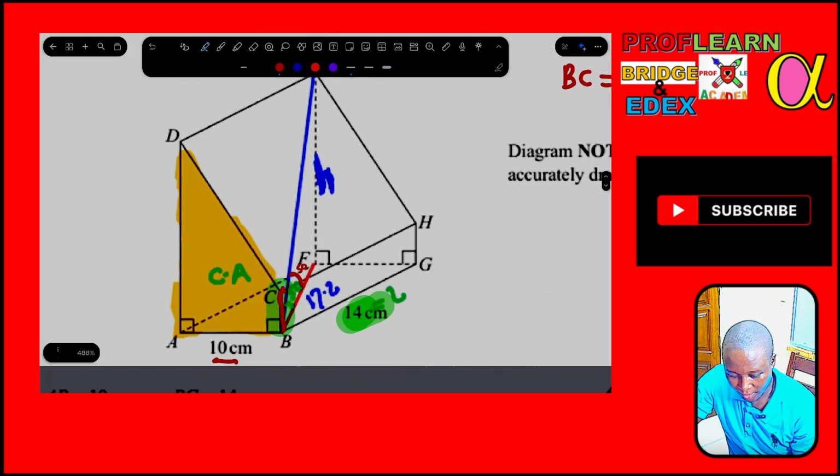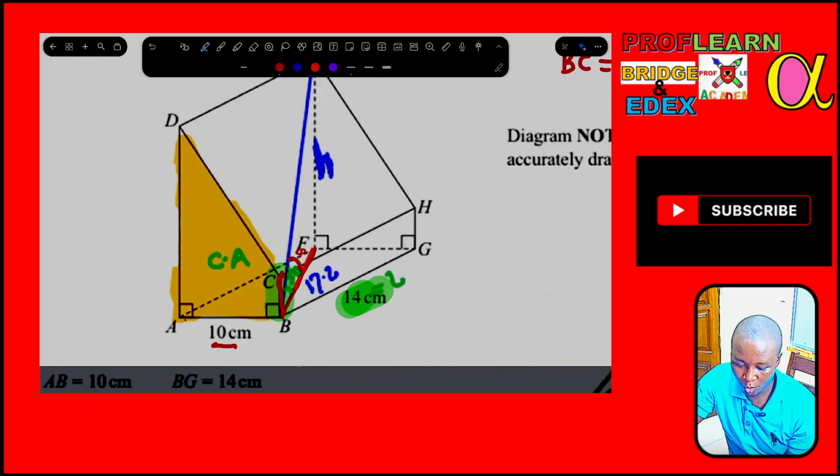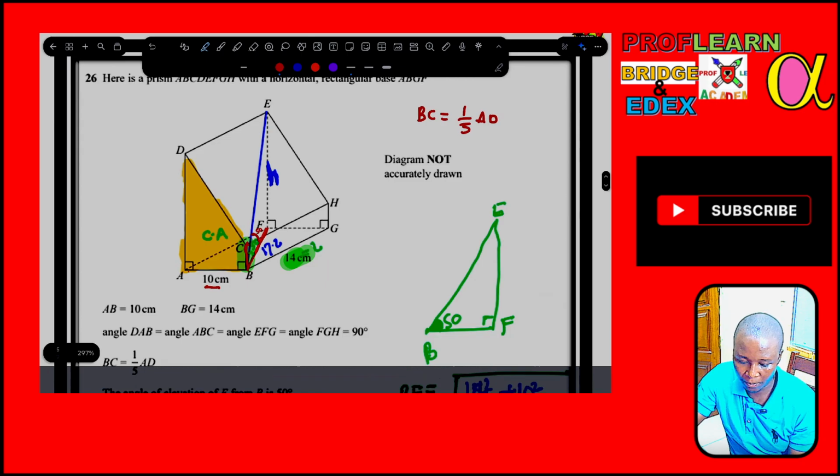Since we know that this is 10 and this is 14, we can find this length here. And using Pythagoras theorem, we can find the diagonal B to F as 17.2.